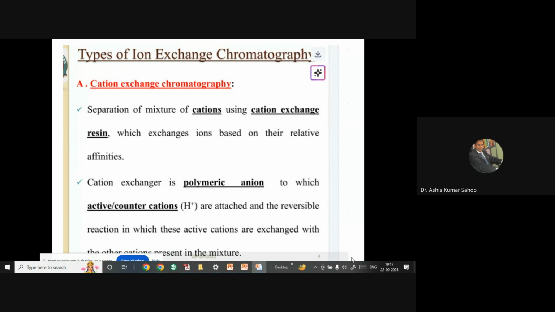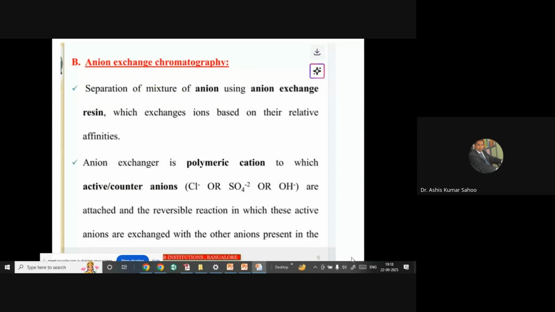We can separate anions by anion exchanger resin. So for separation of a mixture of cations using a cation exchanger, active counter-cations are used. Similarly, anions can be separated by an anion exchanger resin, which exchanges the ions with a polymeric cation to which active counter anions are attached.